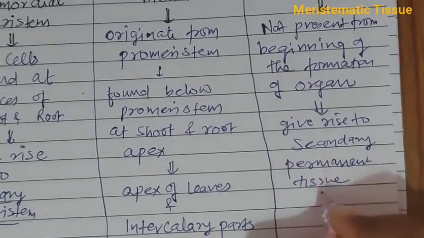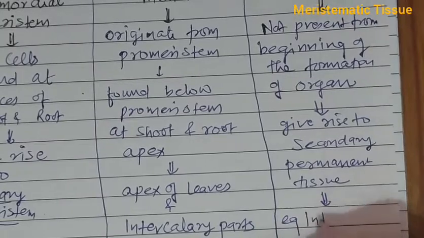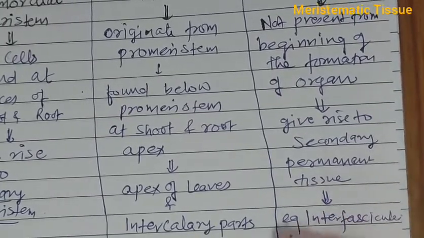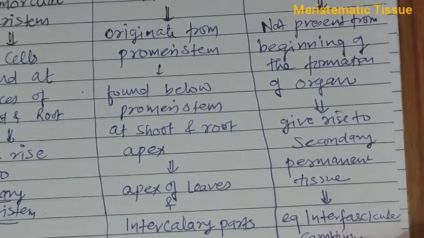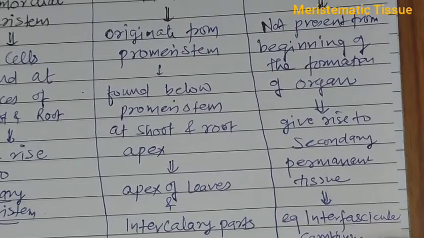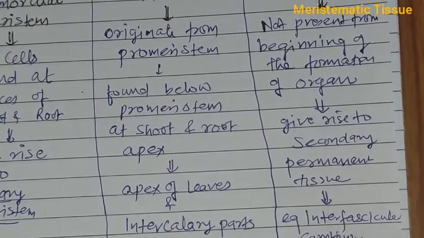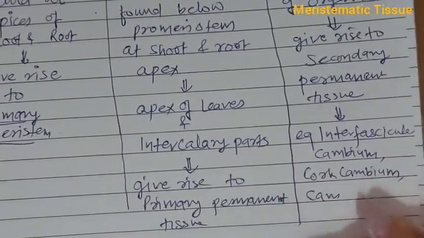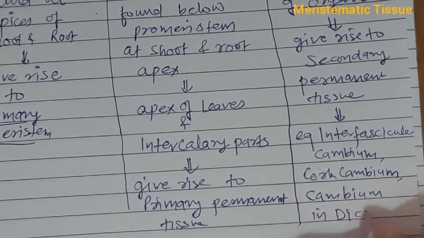And examples of secondary meristem are interfascicular cambium, cork cambium and cambium in dicot root.